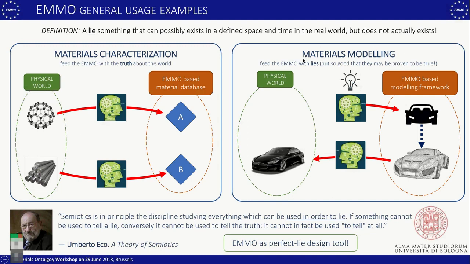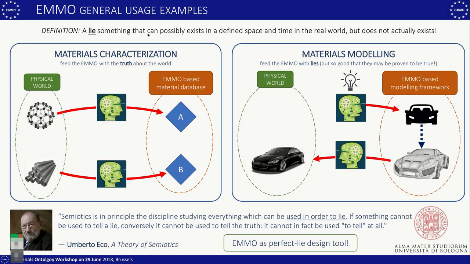In materials modeling, this is not the way it works. In materials modeling, we create lies using the EMMO. But if the ontology is good, the lie is so good that it may be proven to be true. Because within the EMMO, we have an idea, we develop the idea, and we should be able to come back to the real world and prove that what we build within our ontology can actually be built in the physical world.